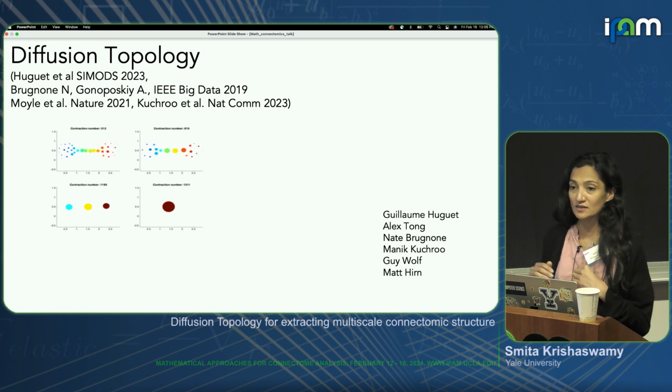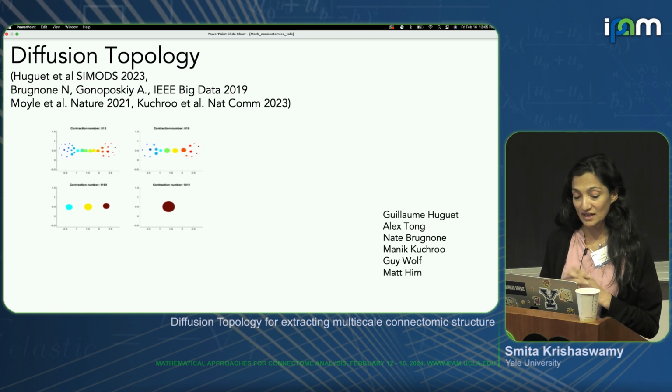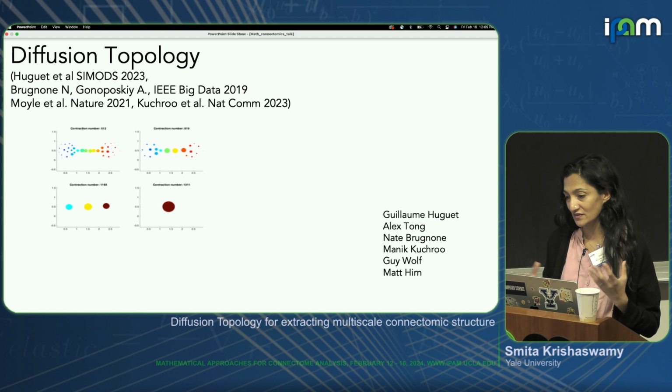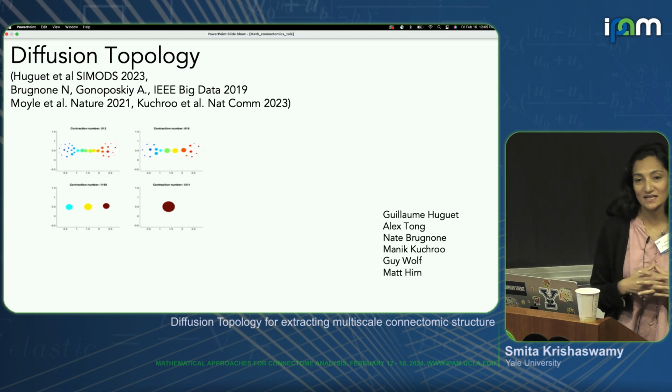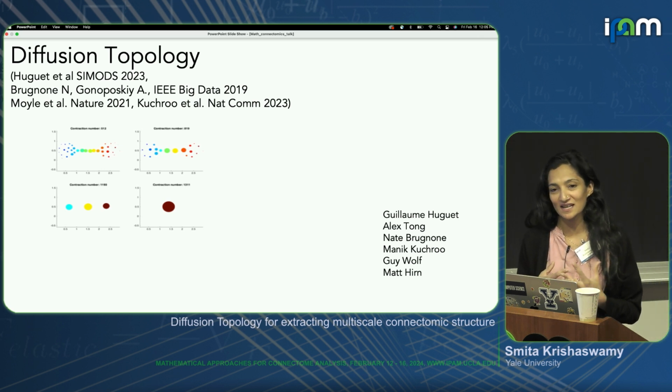So the first technique I'll talk about will have to do with this multi-scale organization that we were trying to discover, given this neuroscientific data that came from the C. elegans worms. Initially, when my collaborator actually gave me this data, I was like, oh, this is small data. I want to work on big data.